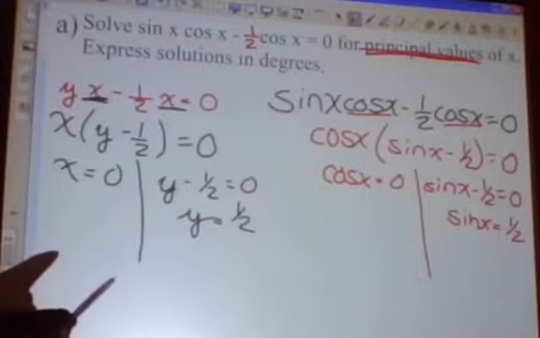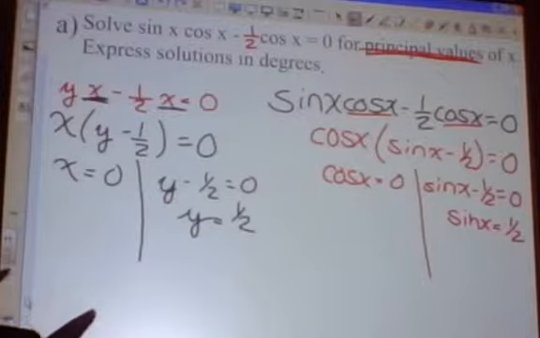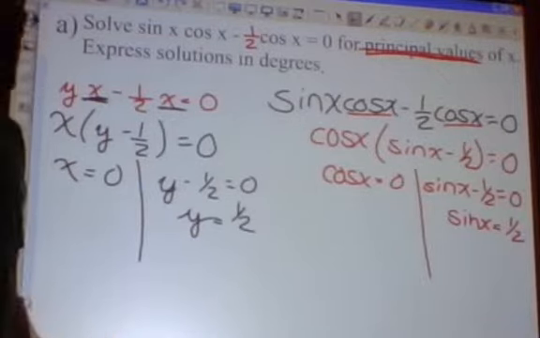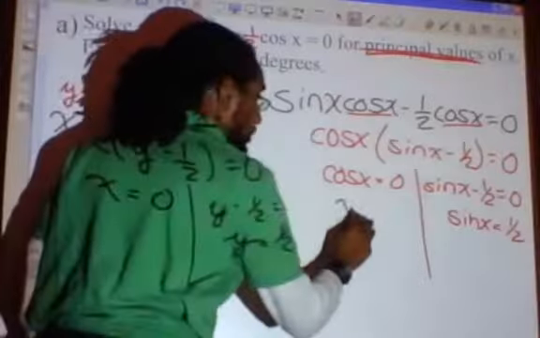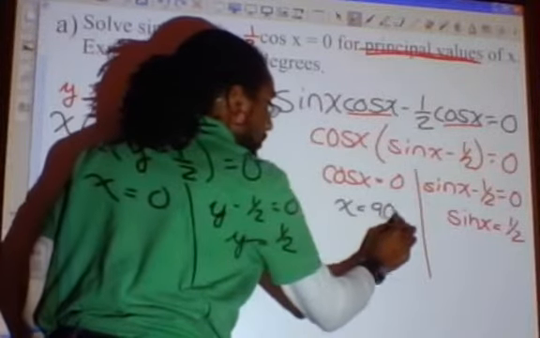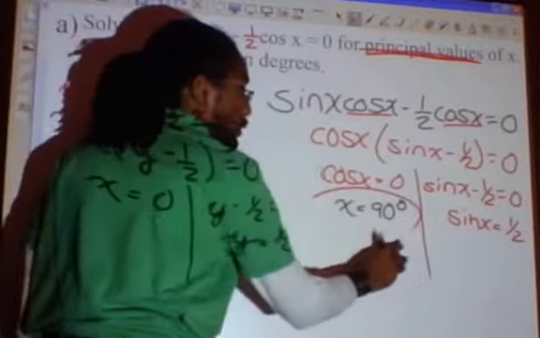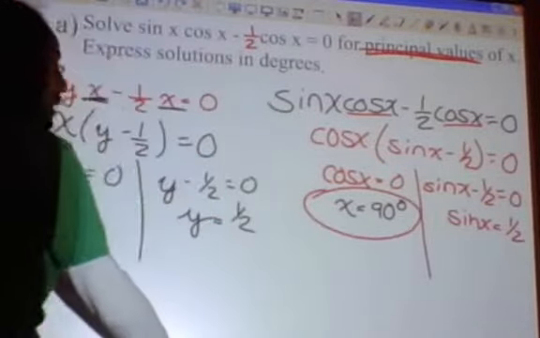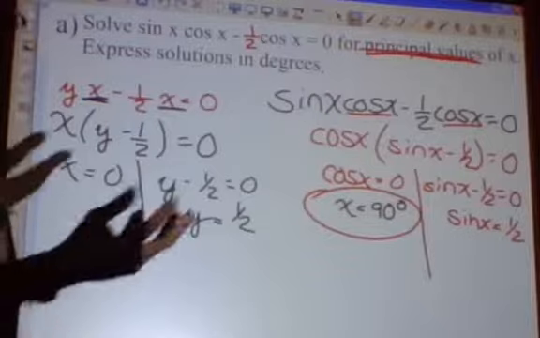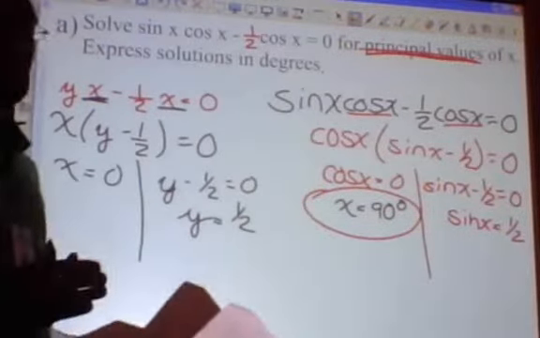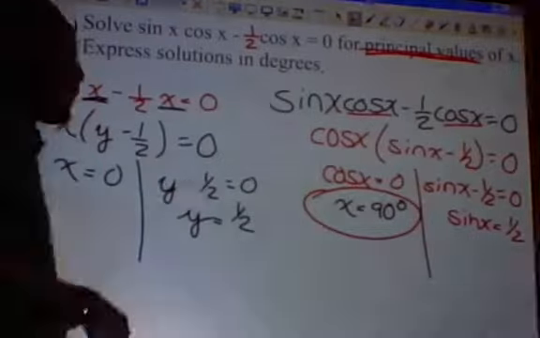Remember from our chart, or if you remember what the graph looks like between negative 90 and positive 90, you would see that x is going to equal 90 degrees. So that would be the only answer that cosine would equal 0 for principal values, between that range of negative 90 and positive 90, like we just said on the screen before.